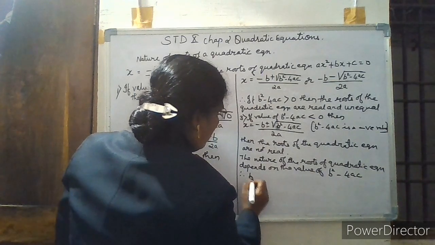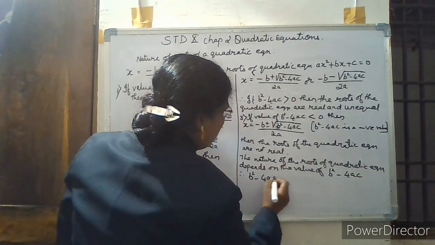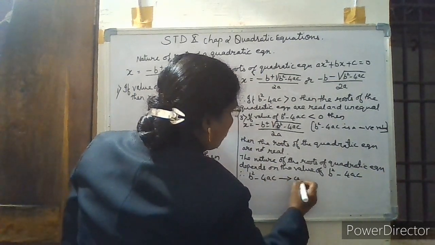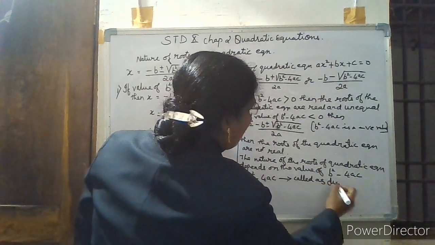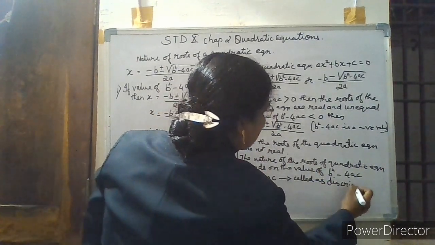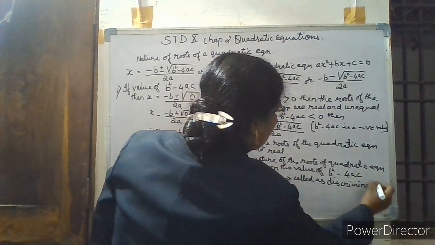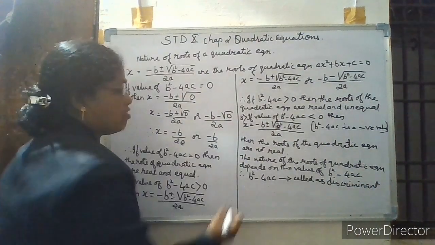Therefore b squared minus 4ac is called the discriminant value. It is called the discriminant.